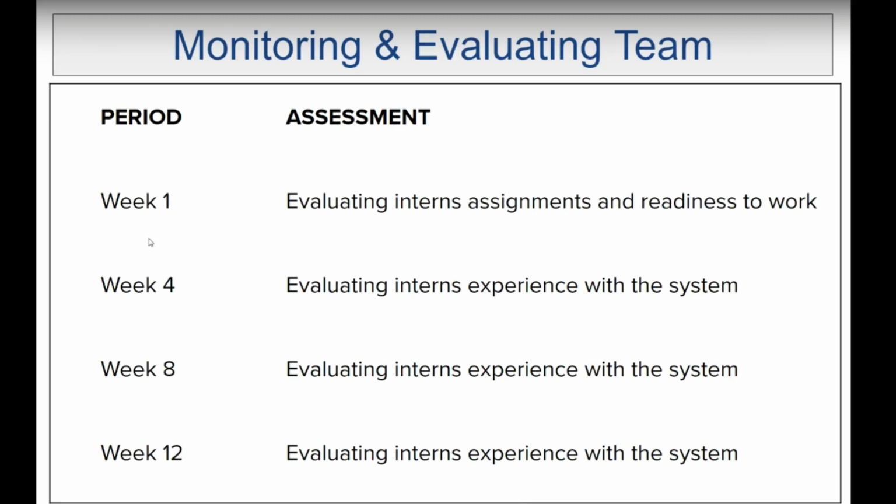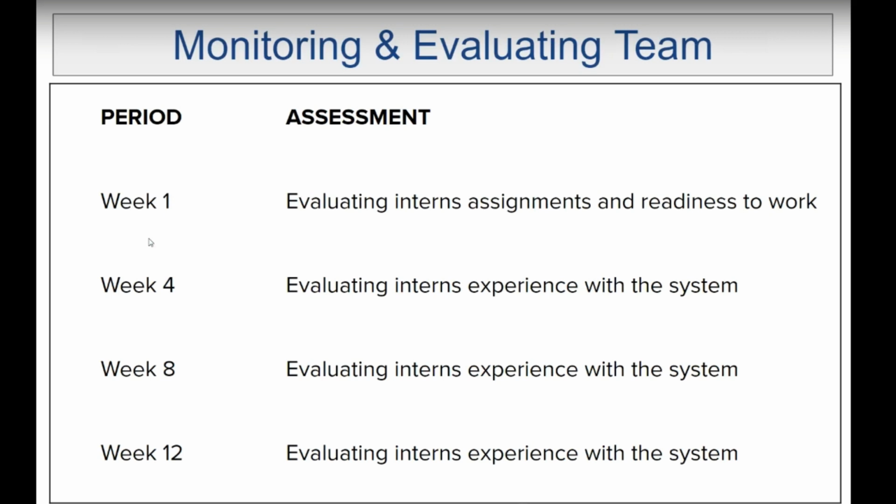Now, the monitoring and evaluation team, like I said earlier on, are responsible to evaluate what is happening within the ecosystem and then provide us with enough information to be able to refine what we are doing. Every 2 weeks, the monitoring and evaluation team would send a survey link where people would answer some few questions, and based on those questions, we will understand what is happening on this side of our view.